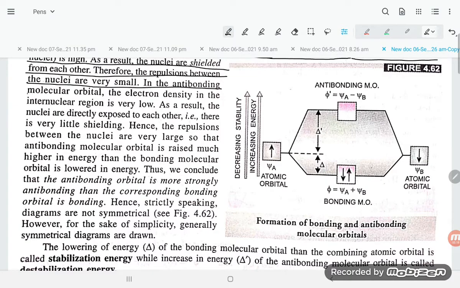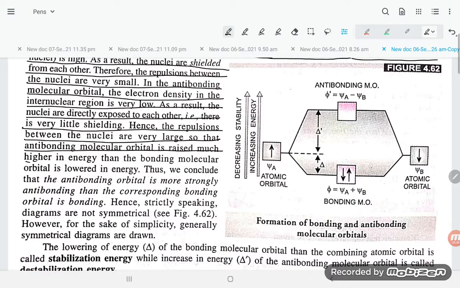In the antibonding molecular orbital, the electron density in the internuclear region is very low. As a result, the nuclei are directly exposed to each other, so there is very little shielding. Hence the repulsion between the nuclei is very large, so the antibonding molecular orbital is raised much higher in energy than the bonding molecular orbital is lowered.